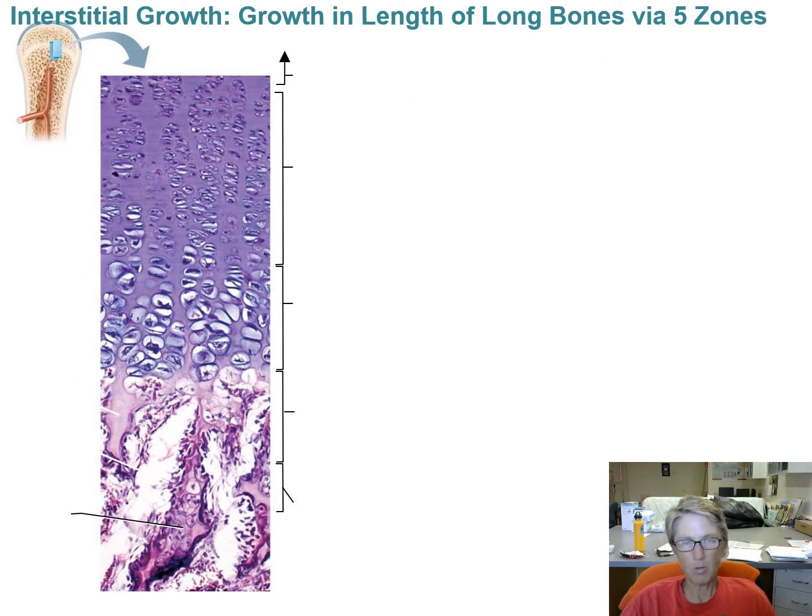Okay, so this shows the growth in length of long bones. This is postnatal growth. There are 5 zones that you actually grow your long bones from postnatally until you stop growing your long bones. Here's the epiphysis of a long bone, and then they take out this square right here, so they're taking it out of the epiphyseal plate.